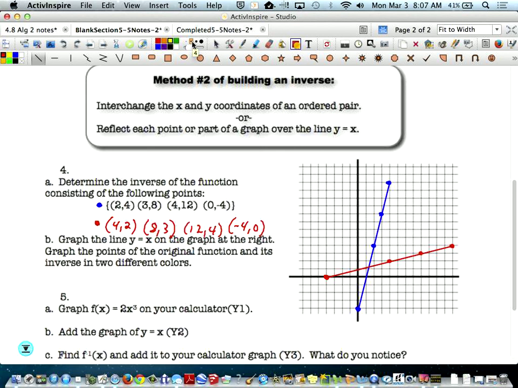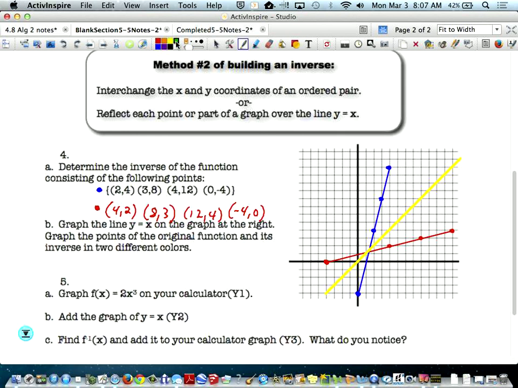It probably won't be the easiest to see, but when you draw that y equals x line, notice how the red and the blue are symmetrical over the yellow line.